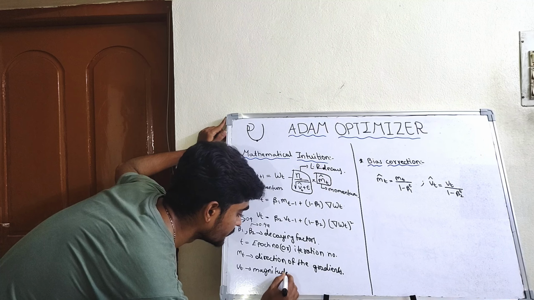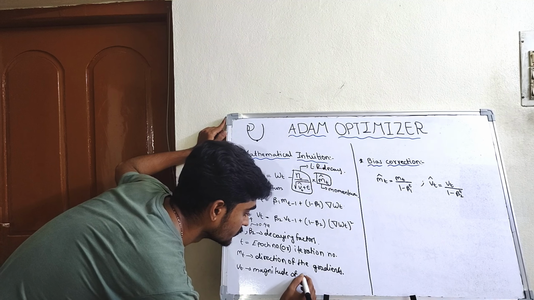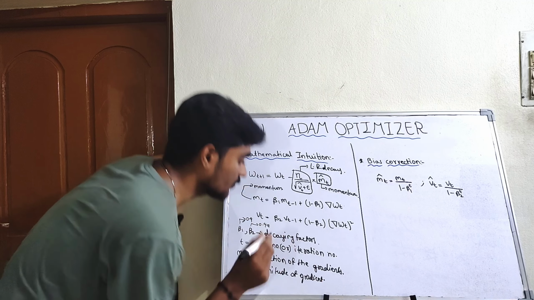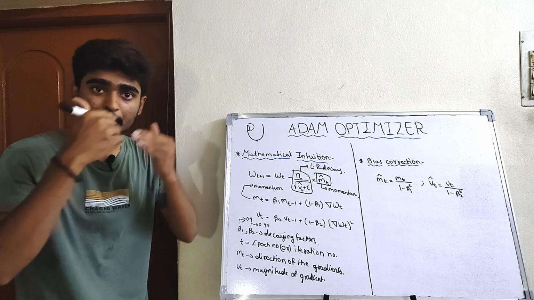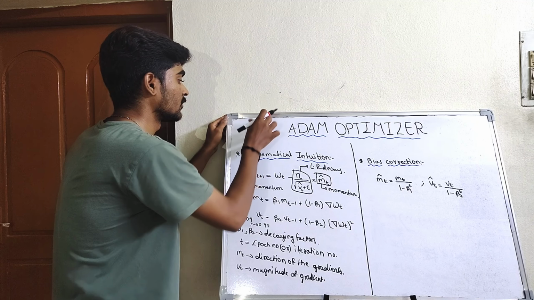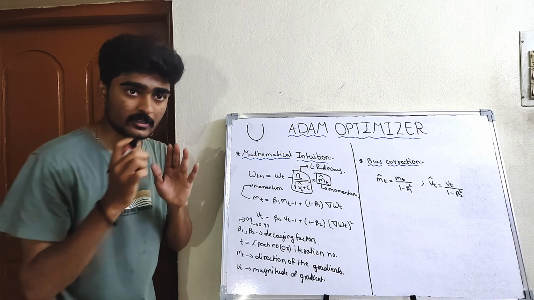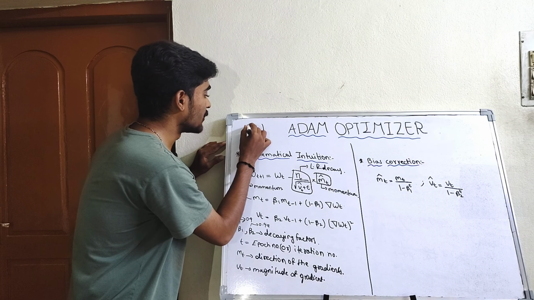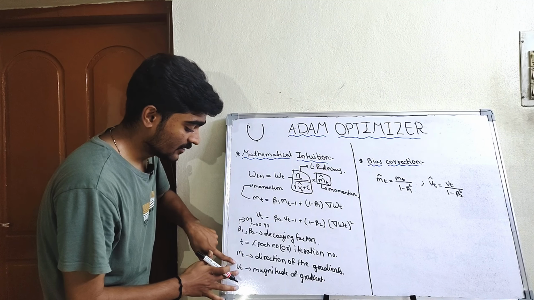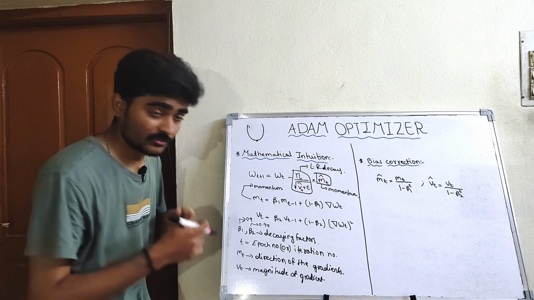And this vt represents the magnitude of gradient, that is, at how much pace the update must be taken. Let's say this is a graph, and the amount of jump taken by the optimizer is directed by this vt term.